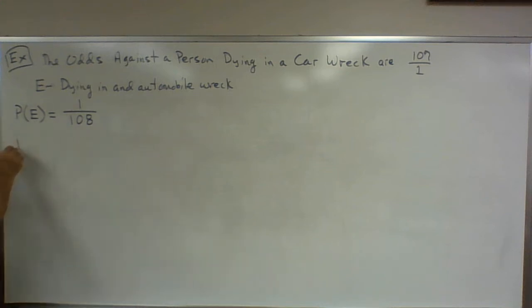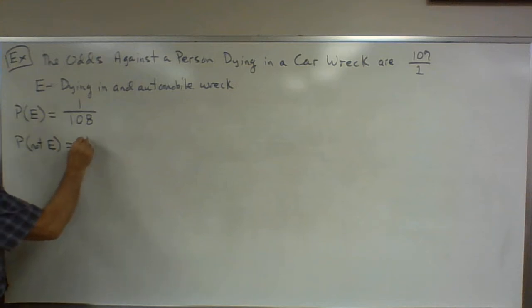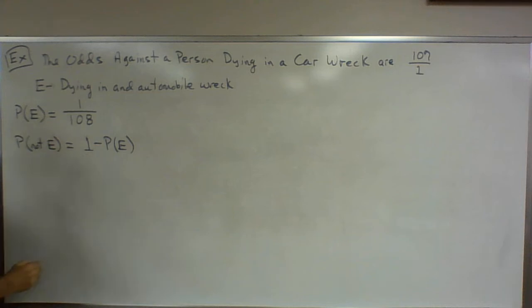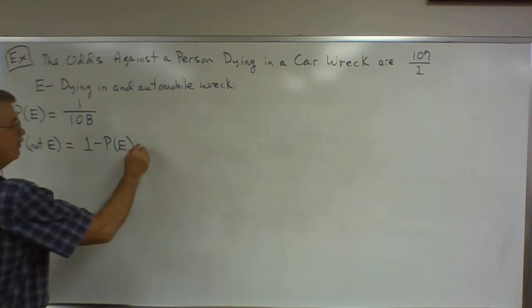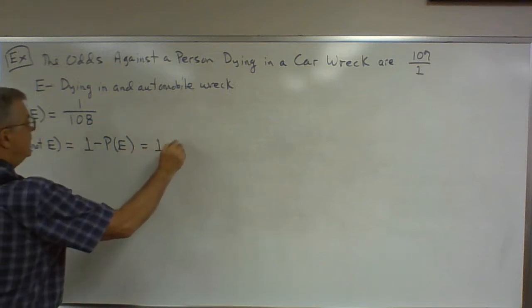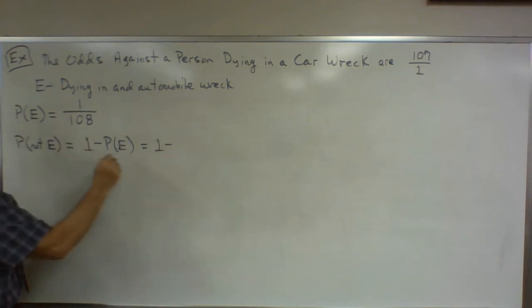So what about the probability that a person dies from some other cause? The probability a person doesn't die in an automobile wreck is 1 minus the probability that they do die in an automobile wreck. And so that's going to be 1 minus 1 over 108.